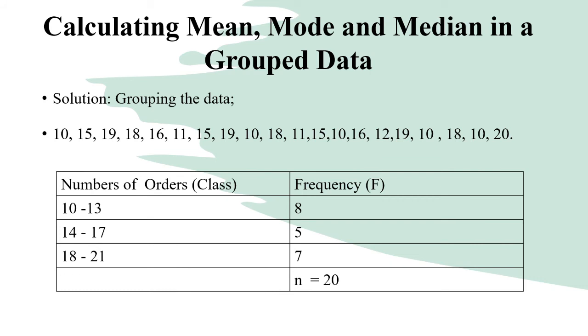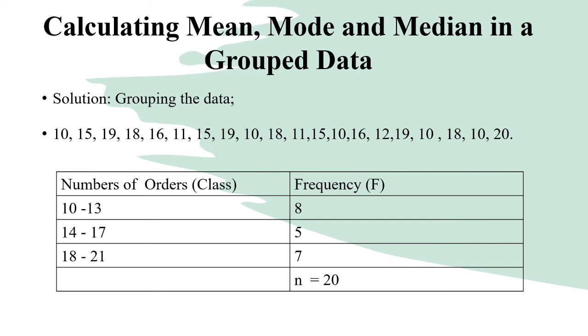For example, here our lowest number is 10 and our highest number is 20, so the classes we divide it into should not go beyond 21. So we consider 10 to 13. But the smaller the interval, the more accurate your answer. Here we have 10 to 13, 14 to 17, and 18 to 21 as our class intervals.